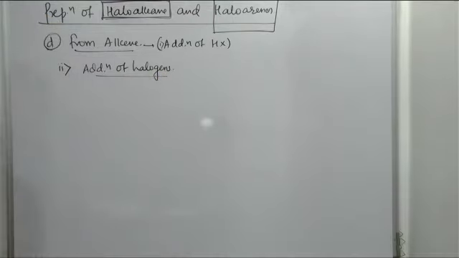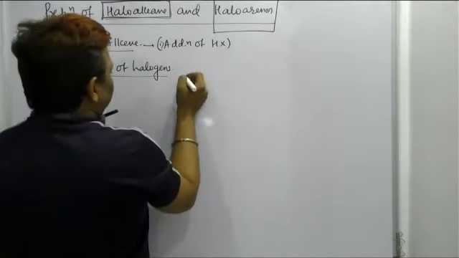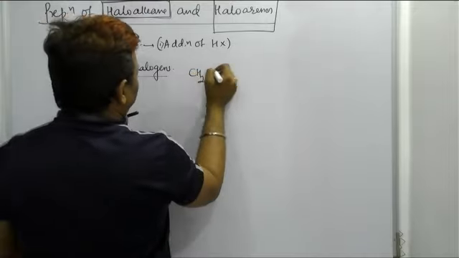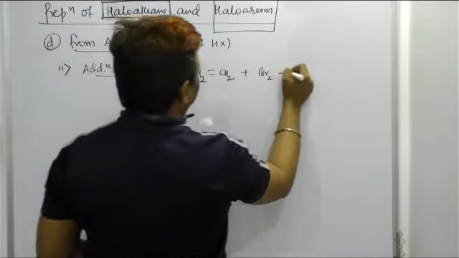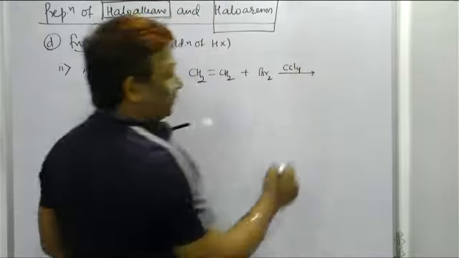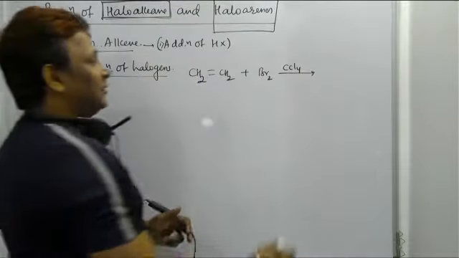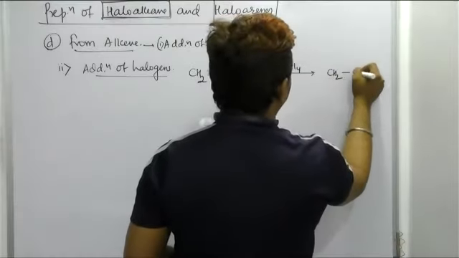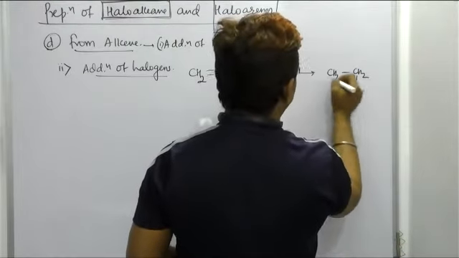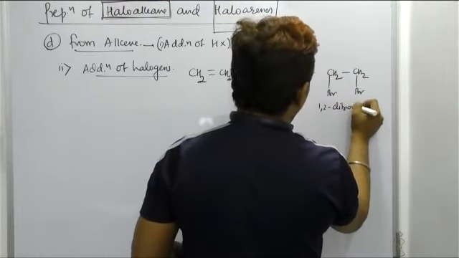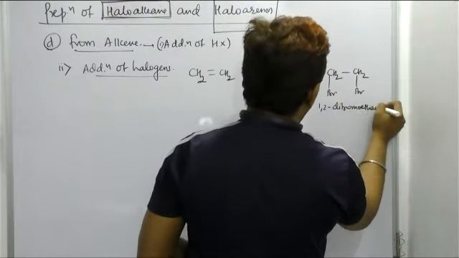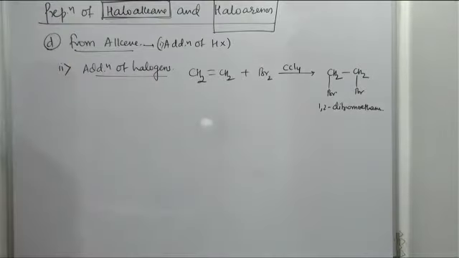If we have CH2 double bond CH2 and add a halogen in presence of a non-polar solvent like carbon tetrachloride, one halogen goes on this carbon, the other on this carbon, giving 1,2-dibromoethane.